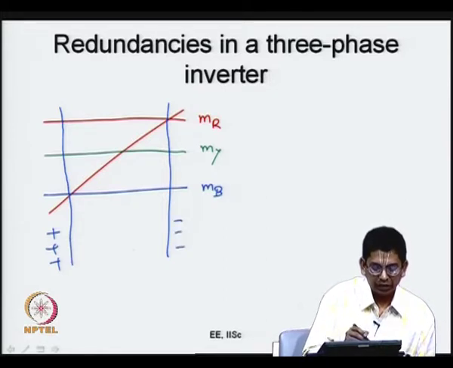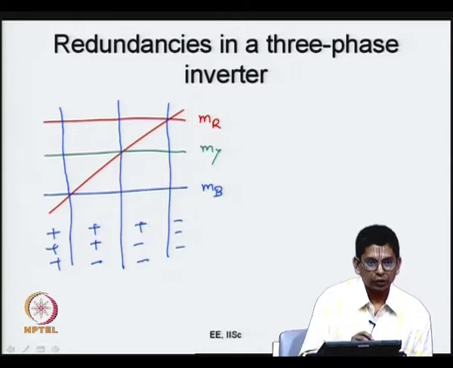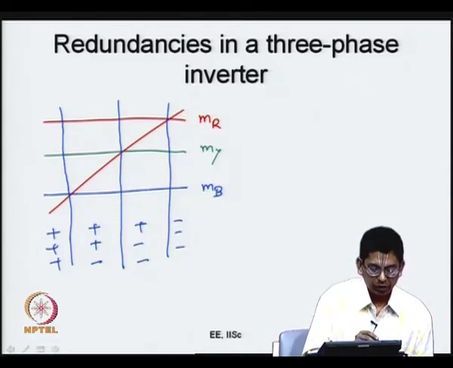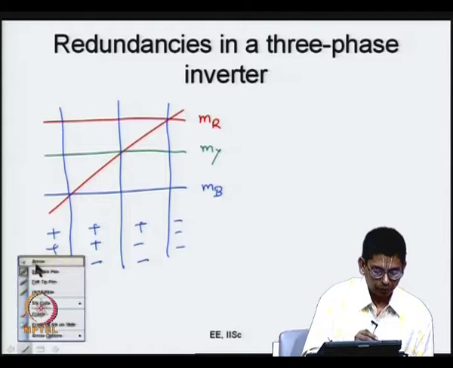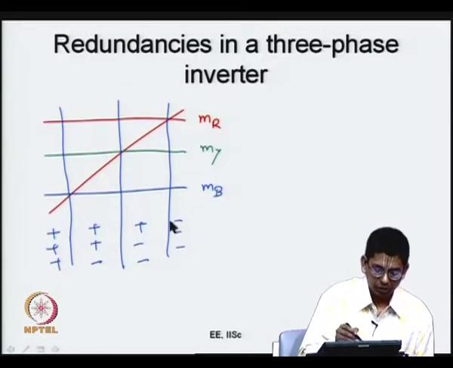So, this is one interval, this is the other interval, there are 2 intervening intervals. During this interval your red phase is now switched, it is now plus, and here the yellow phase Y is switched now. So, it goes to plus minus minus now. So, these are the 2 extreme states, you see this and you see this, all the top are on here, all the bottom are on here.